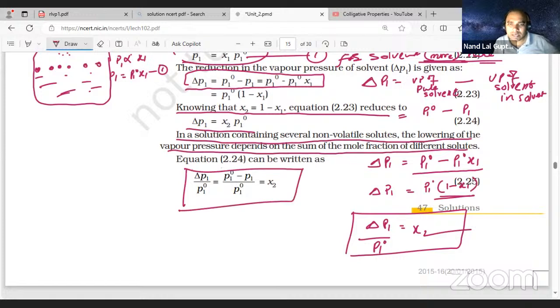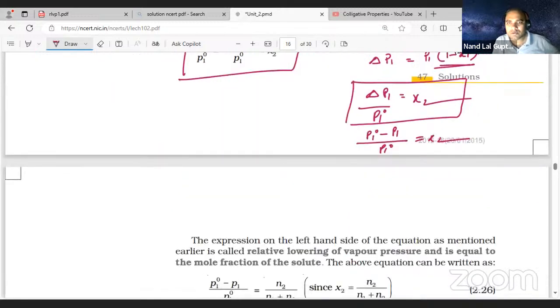Delta P1 is P1 naught minus P1 divided by P1 naught, equal to X2. If we go into a little more detail, P1 naught minus P1 divided by P1 naught, and X2 means W2 upon M2 divided by W2 upon M2 plus W1 upon M1.